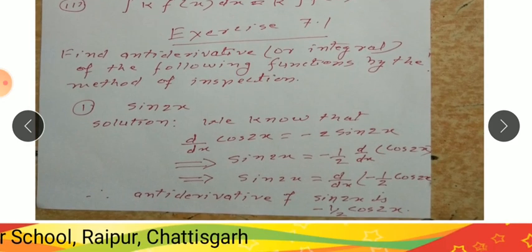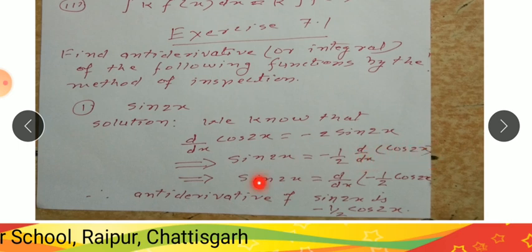Transposing minus 2 from the right hand side to the left hand side, we can write sin 2x is equal to minus 1 upon 2 d dx of cos 2x.